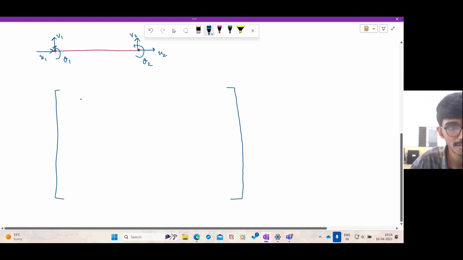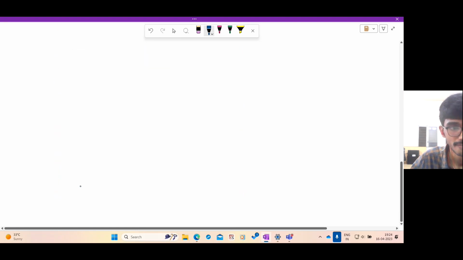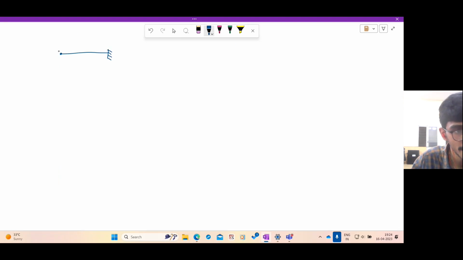One column multiplies with U1. So if you say U1 is equal to 1 and all the other displacements are 0, then whatever you get here are the forces that are generated. So first case, let us consider this. I'm fixing everything else. I'm not allowing rotation. I'm putting something like this. This cannot move vertically.